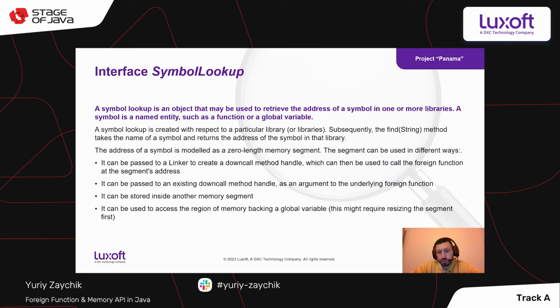And this address is modeled by a memory segment, which we can use in different ways. So it can be passed to a linker to create the downcall method handle. It can be passed to an existing downcall method handle as an argument.